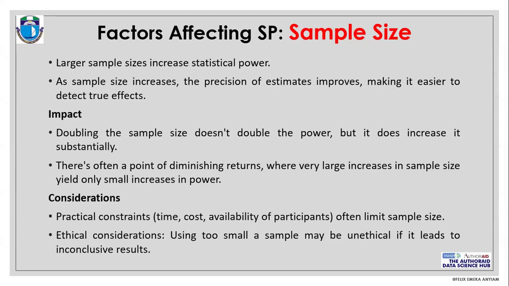Oftentimes having too small a sample may be unethical, because the study you are doing may have a significant finding, but because the sample is too small, the power is too small, it will now seem like we should accept the null hypothesis. So that's the first thing that could affect the power, the sample size.